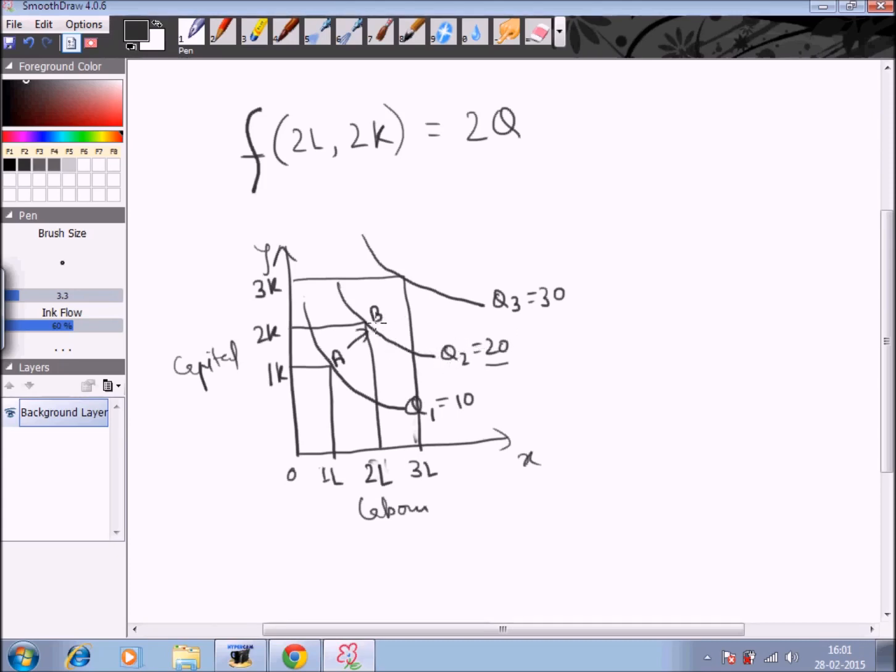Similarly, when I am increasing the use of labor and capital by 50%, the output also gets increased by 50%.